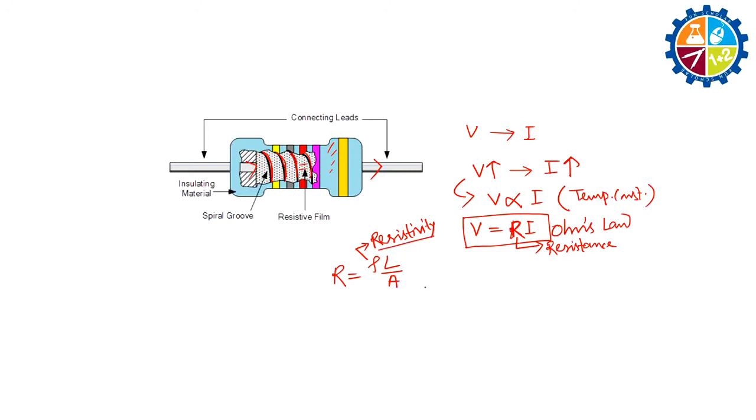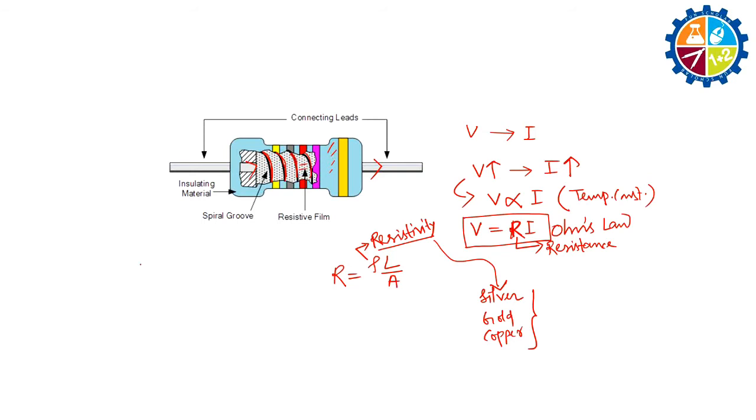For silver, gold, or copper, each material has a specific value of resistivity, and that is constant.